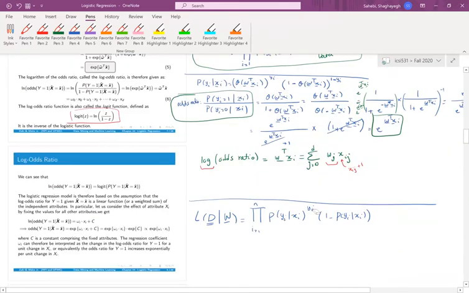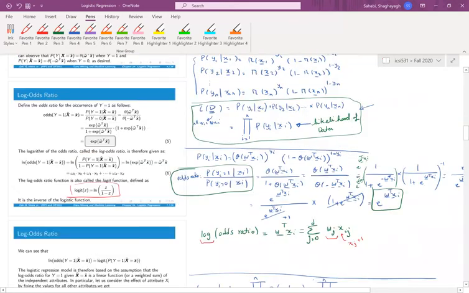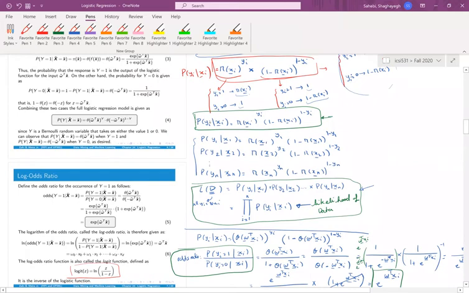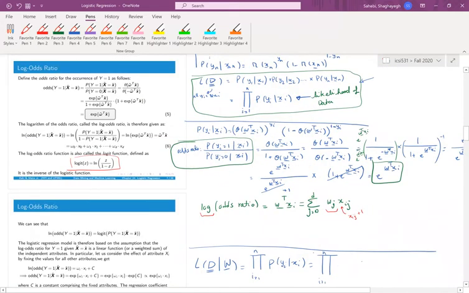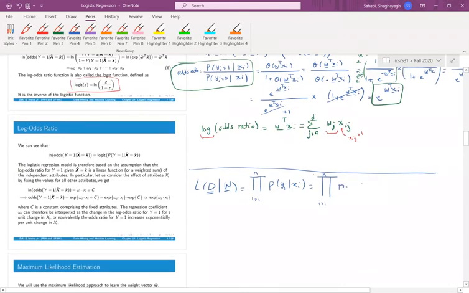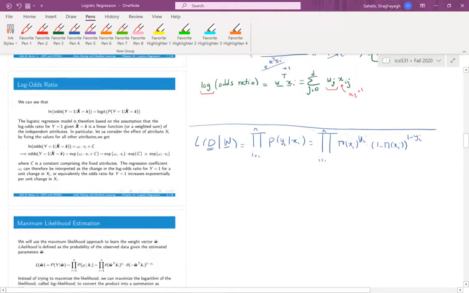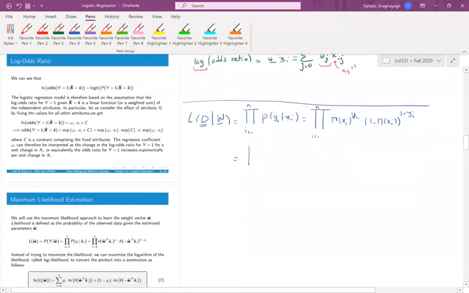Oh, sorry, that's equal to this, so now if I rewrite the probability of yi given xi, it's going to be the product for i equals 1 to n. We have defined the probability of yi given xi here. It's pi of xi to the yi multiplied by 1 minus pi of xi to the 1 minus yi, right? Which is equal to, because we have defined the pi's, right?